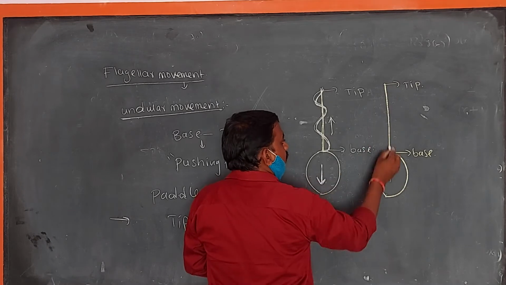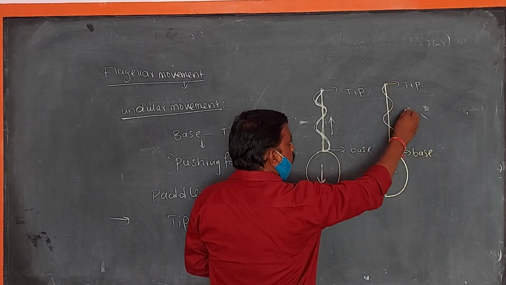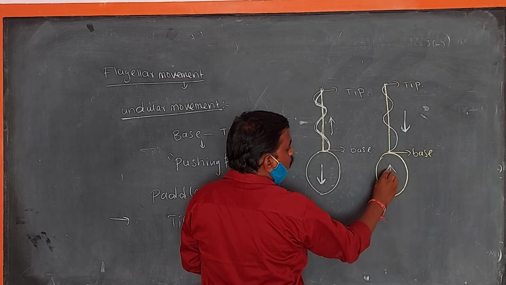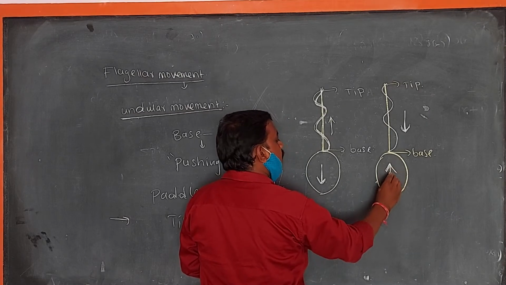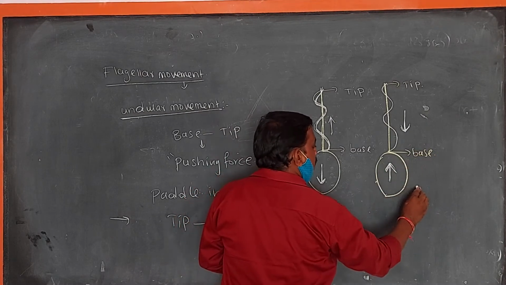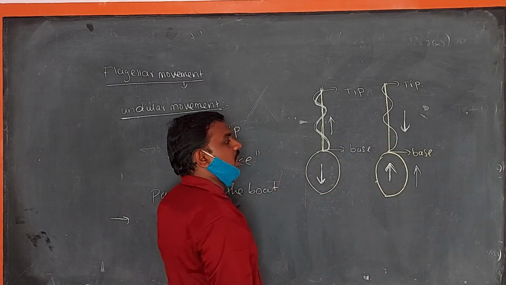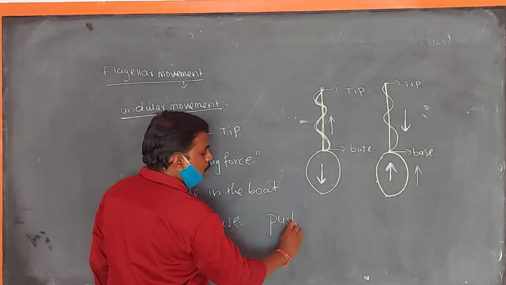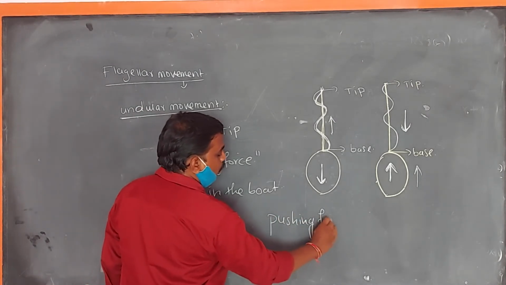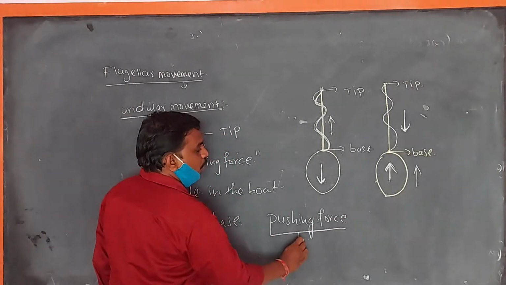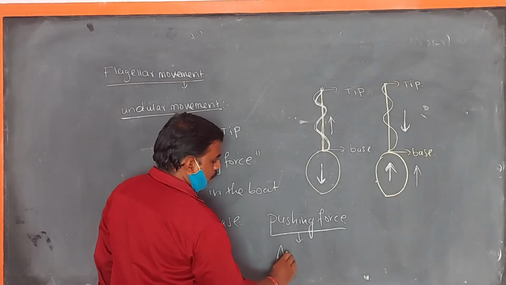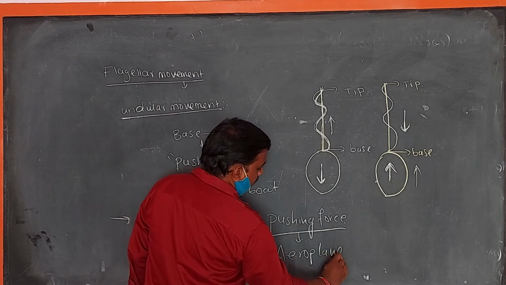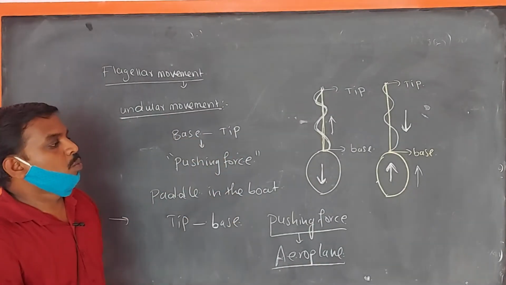The movement which occurs from tip to the base, the organism moves in the opposite direction or forward direction. This type of movement is also called the pushing force, like a propeller in an aeroplane.